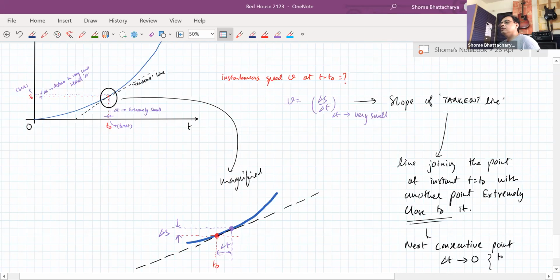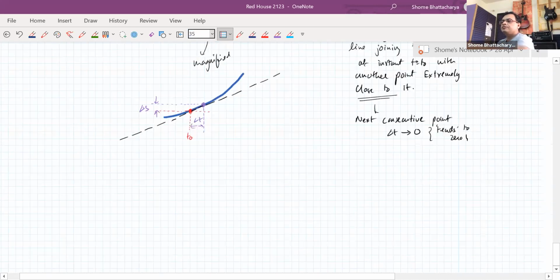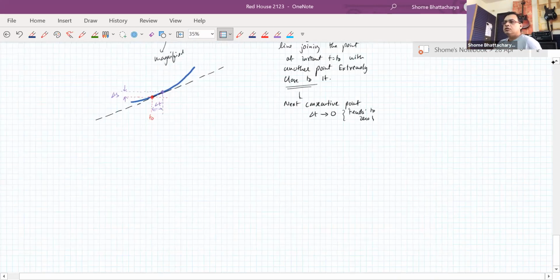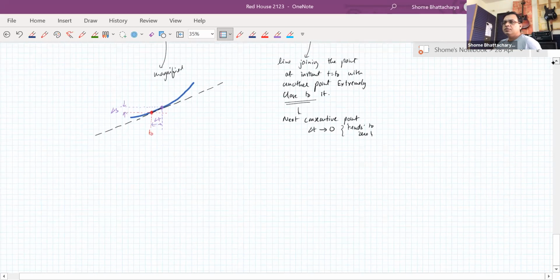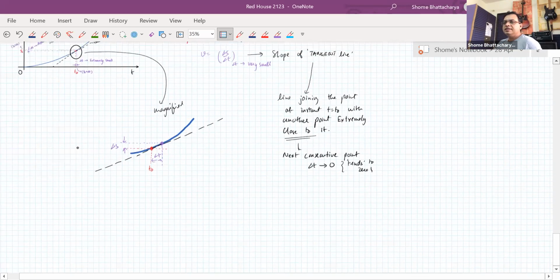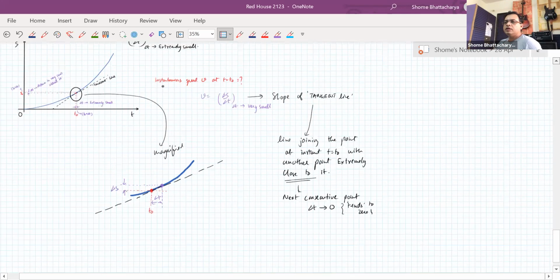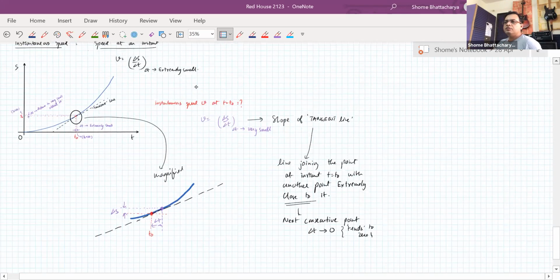This is what we are trying to do when we calculate the instantaneous speed at that particular point. Given the graph of distance versus time, we want to calculate the instantaneous speed at a particular instant of time. I'll magnify this graph once more and show you.